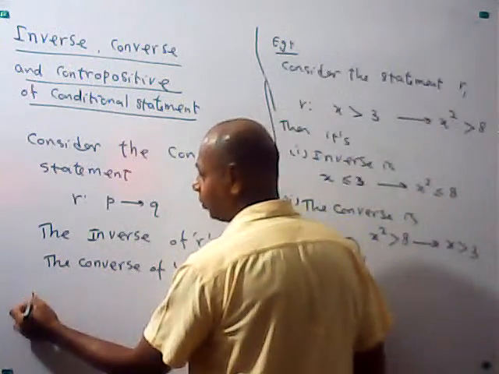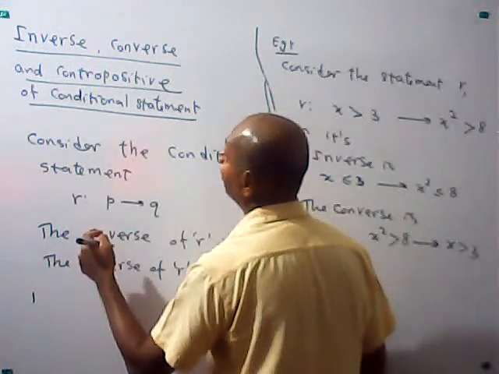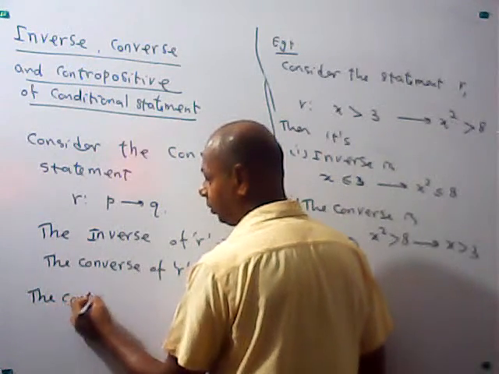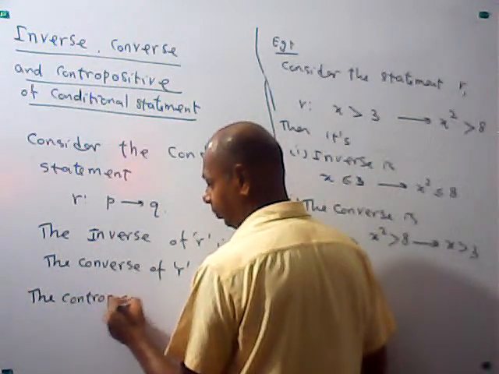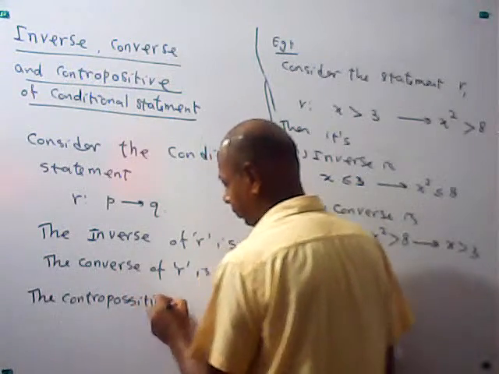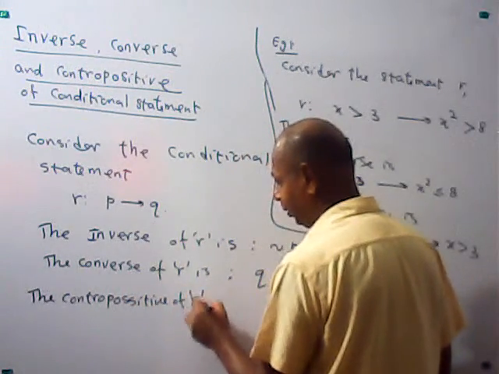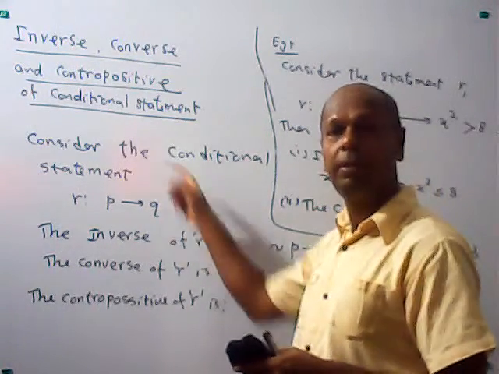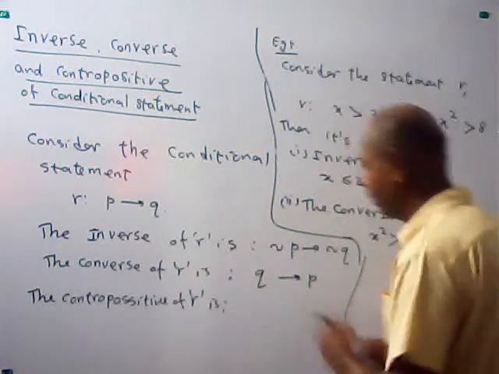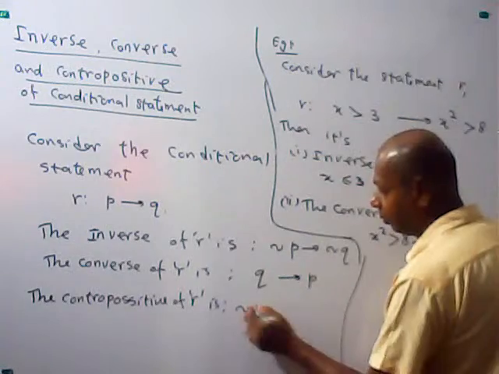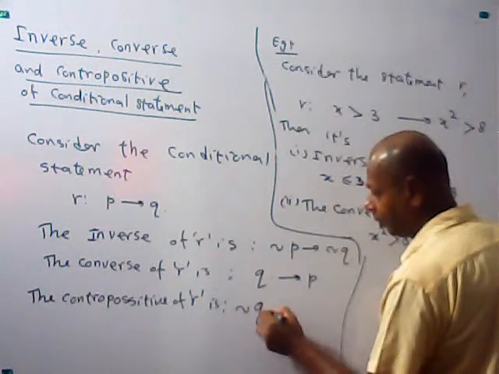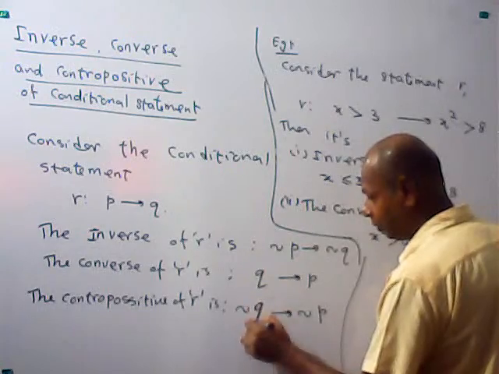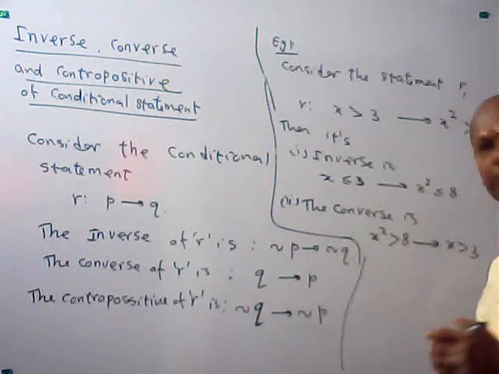Then the contrapositive of R: the contrapositive is the other way round, not Q implies not P. Right? So that's the contrapositive.